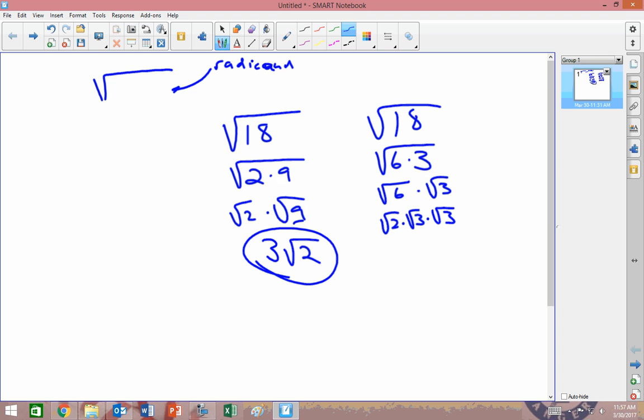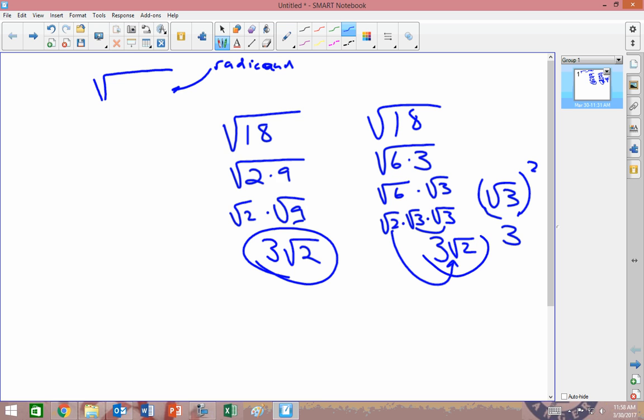What's the square root of 3 times the square root of 3? Wouldn't it be 3? It's just 3. So look what's left. I multiply these two things together and I just get 3. And then, can I do anything with this square root of 2? Bring it down. 3 square roots of 2.